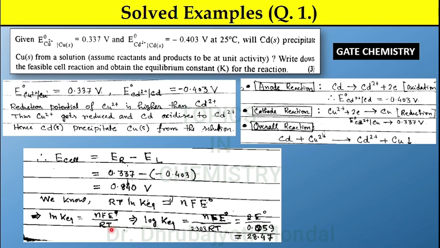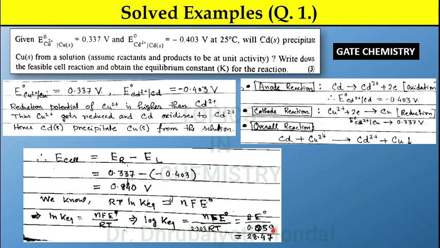NFE0 divided by RT. So log K equilibrium is equal to NFE0 by 2.303 RT, and here the value of N is equal to 2. So put the value 2 here. E0 you have calculated, that is equal to 0.84 volt. So put the value of E0 for that cell reaction 0.84 volt, and you know that 2.303 RT by F is equal to 0.059.